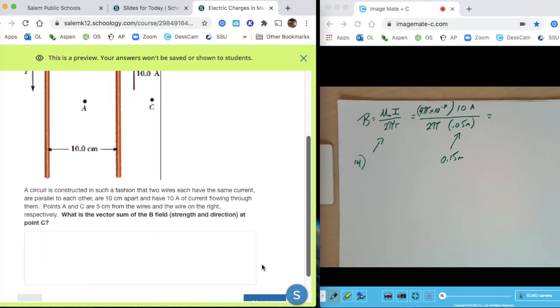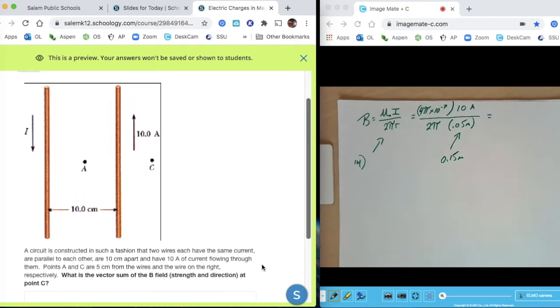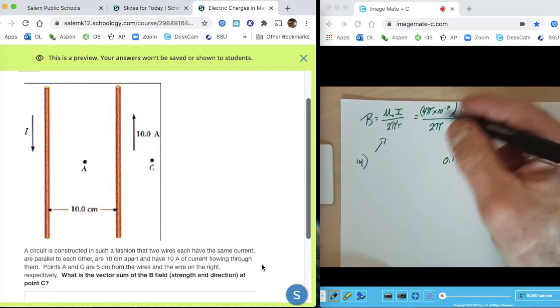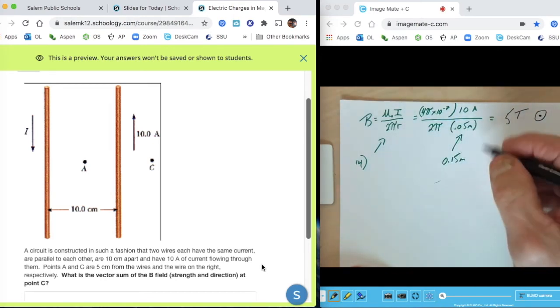Oh, the vector sum at point C. Well, I'm just going to make up some numbers here because I didn't run the numbers. Let's say I ran this number and I got, some unreasonable number, 5 Teslas towards me for that one. And then let's say I did this one here, and I got yada, yada, yada.